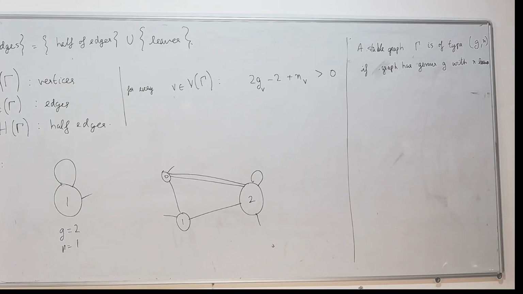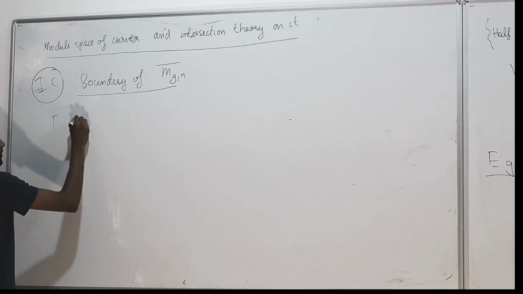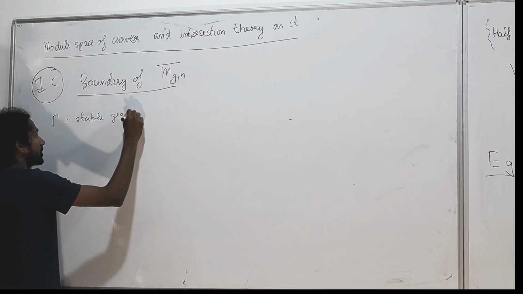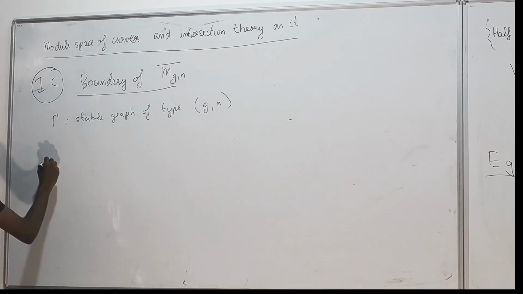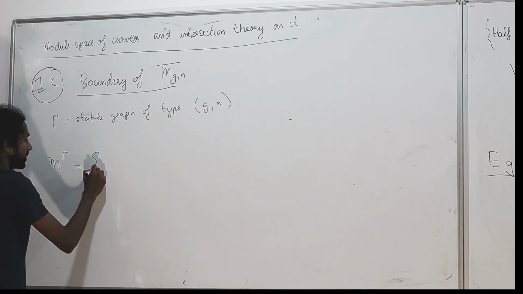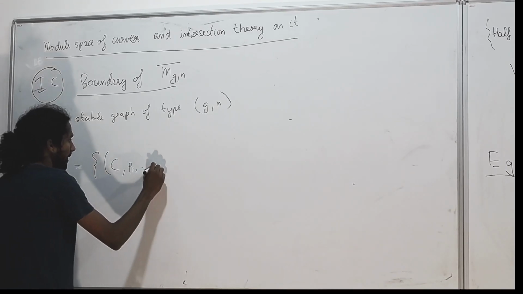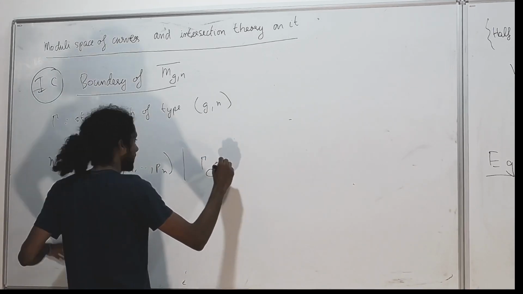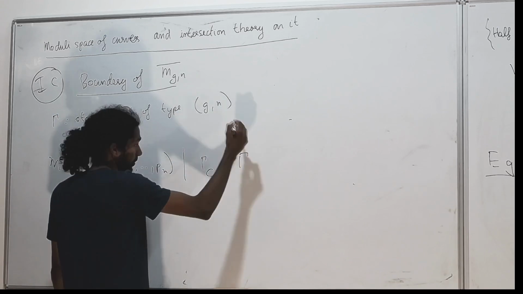Okay, right. So finally, we'll get to the stratification. Let gamma be a stable graph of type (g,n). And I define the following set: the set of curves whose dual graph is isomorphic to the stable graph that you chose.